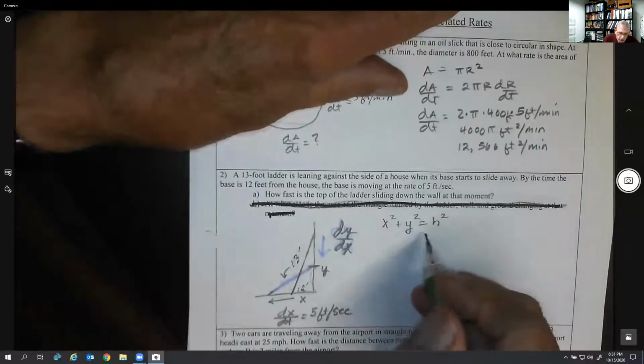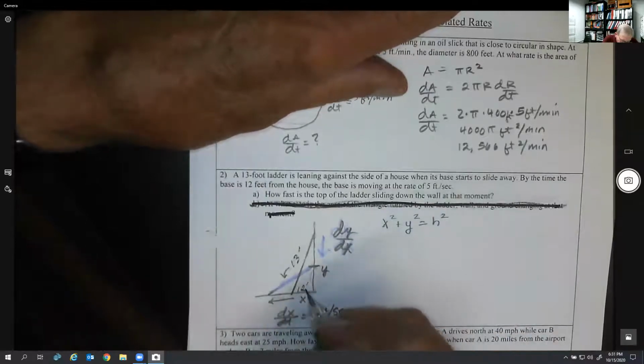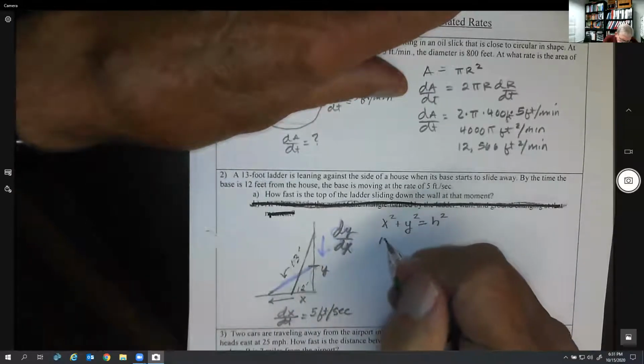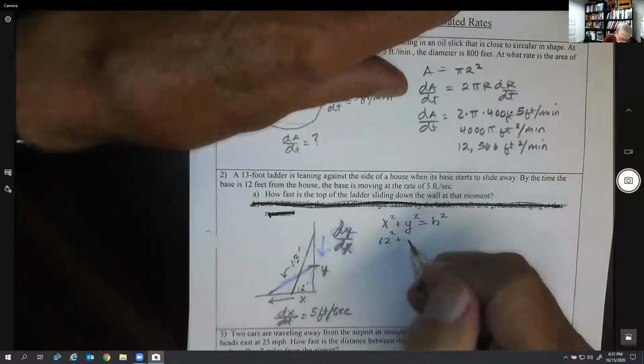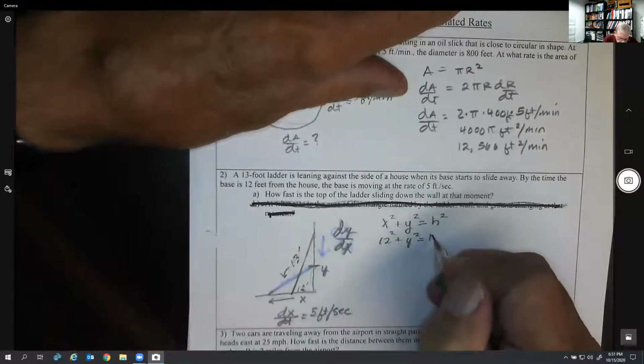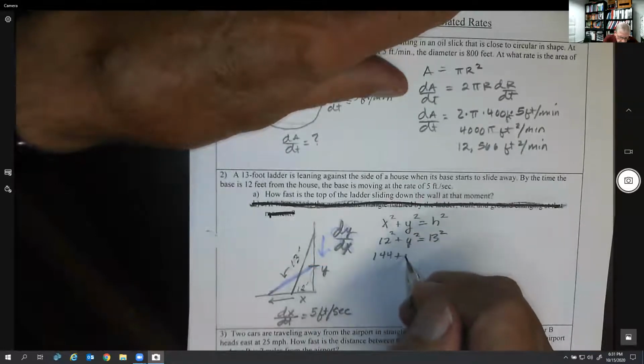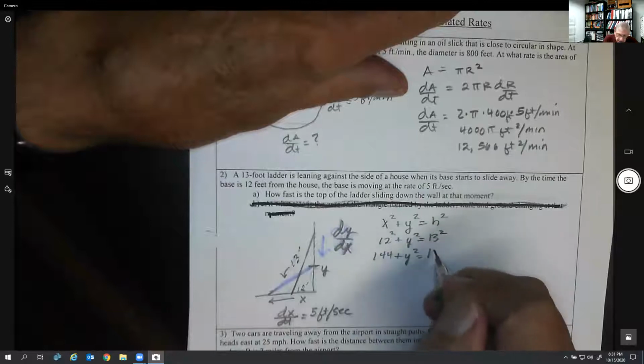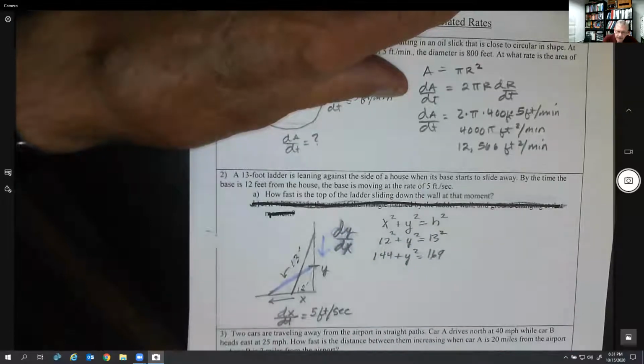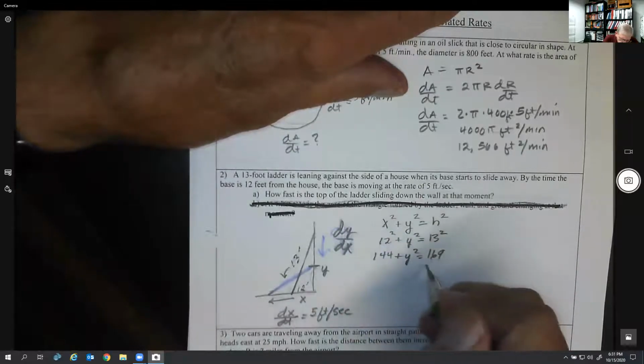Okay, so X would be what? 12. And Y is what we're trying to figure out. And we know H is 13. So 144 plus Y squared equals 169. And we take the 144 to the other side.